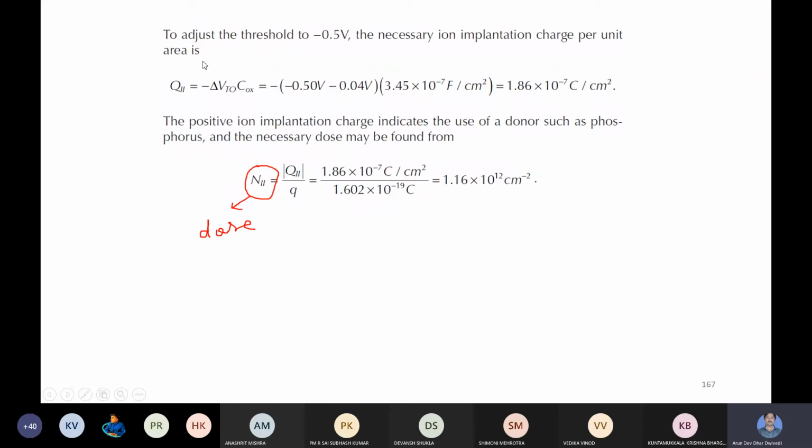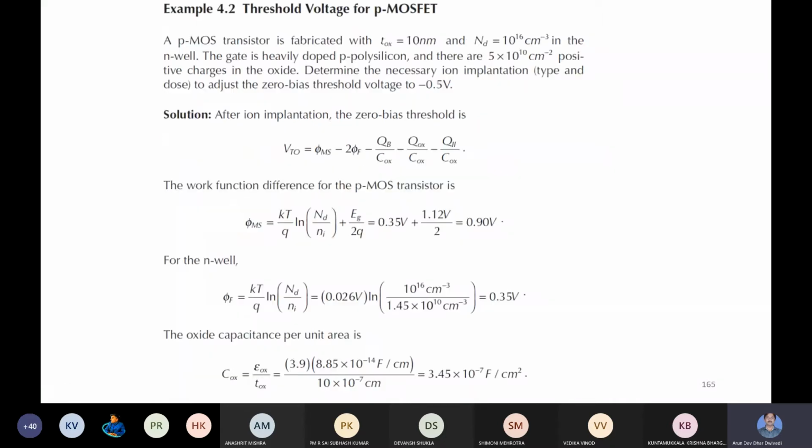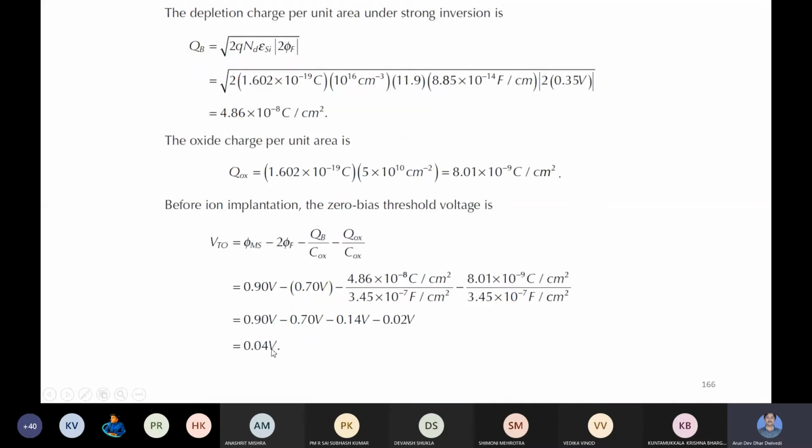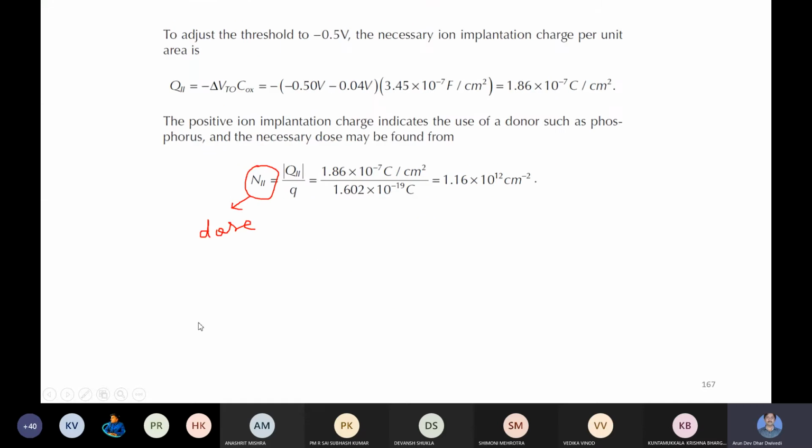And also we have discussed in theory how much ion implanted charge is required. That can be calculated from delta VT, how much threshold voltage change is required. Here it is telling minus 0.5. So from minus 0.5 you subtract this one, and then whatever change is coming, we put here.